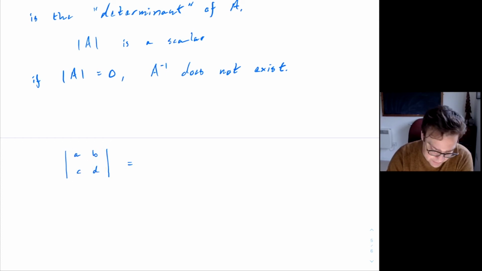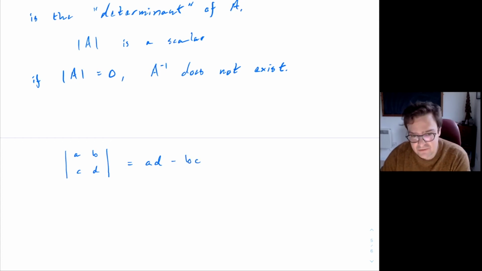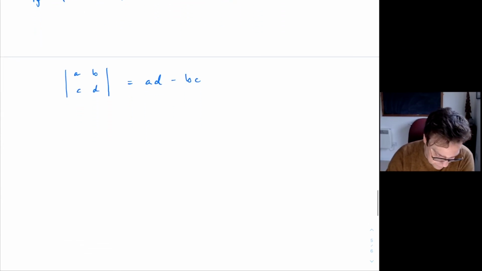And in your mind, you should be making that little shape there, right? So this is A times D minus B times C. So that's how you do the determinant of a 2 by 2 matrix. And for a 3 by 3 matrix, which is the last one where I'll stop, it looks like this. So let's say A, B, C, D, E, F, G, H, I.